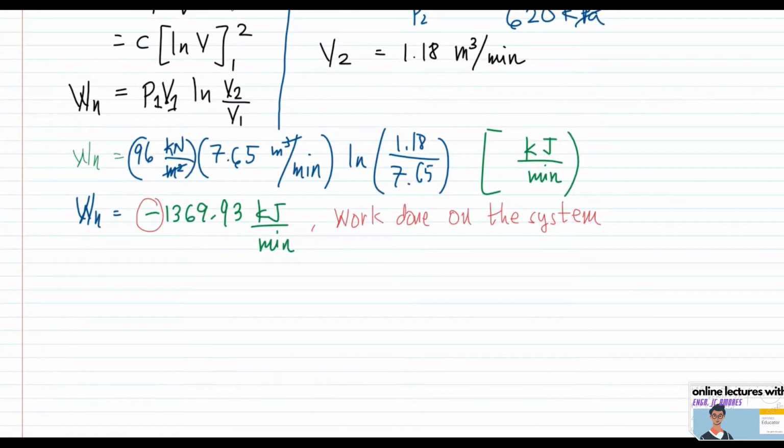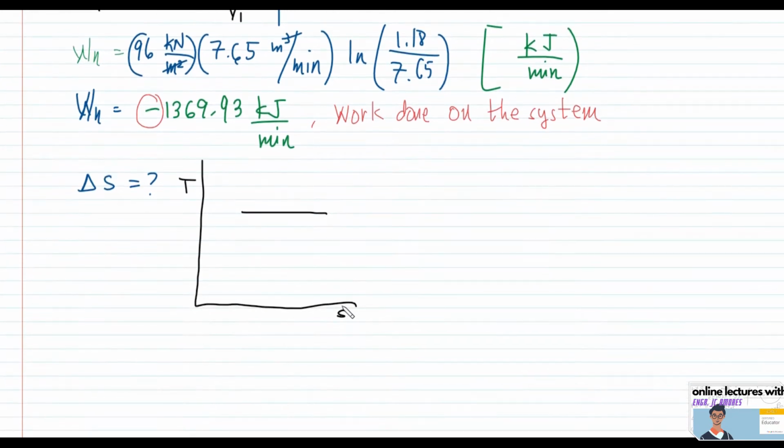So the change of entropy would come from Q over T. Now why is that? The diagram that we are going to consider is our TS diagram, and let's just say that since temperature is constant, we have points 1 and 2 and a horizontal line going from point 1 to point 2.